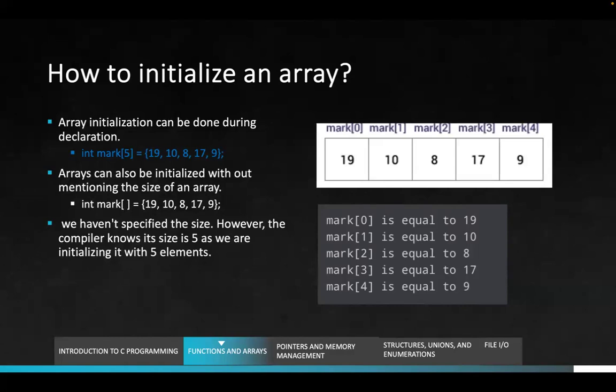Let's say int mark, and you are not keeping the size of the array and keeping the numbers 19, 10, 8, 17, and 9. Then the compiler will keep the associated values at index 0 onwards: 19, 10, 8, 17, and 9, and so on.